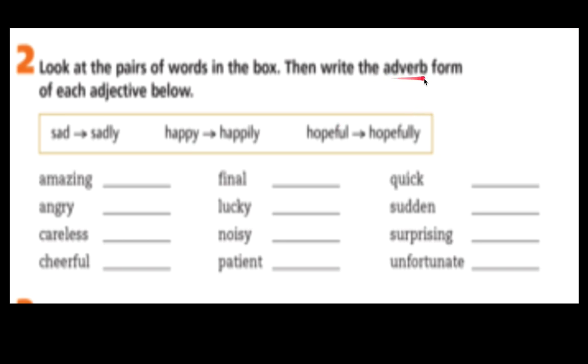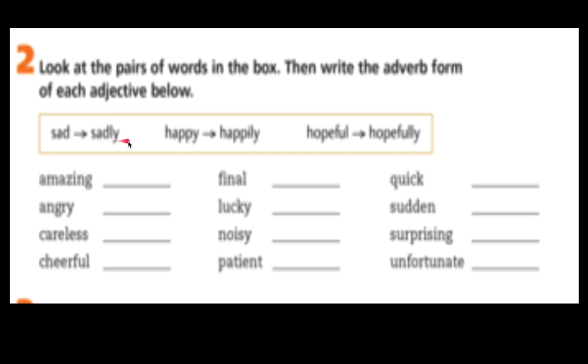And an adverb describes how something is being done. It changes the verb. So somebody cried sadly. The baby laughed happily. The student waited hopefully. So we can have the adjective and we change it to an adverb using ly.